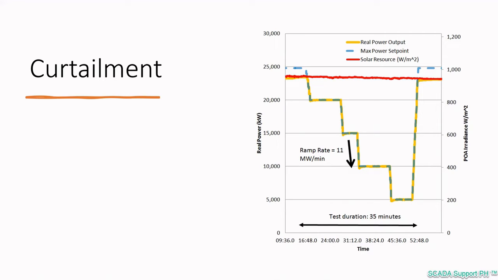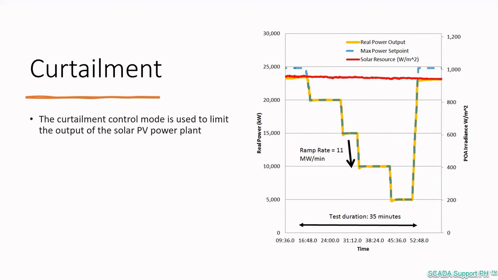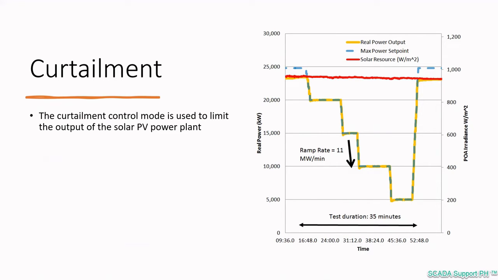With our previous example about the 100 megawatt PV power plant temporarily scaling down production to 30 megawatts, this process is widely known as curtailment, meaning the solar PV power plant's output is being reduced from what it can actually generate at a certain point in time.